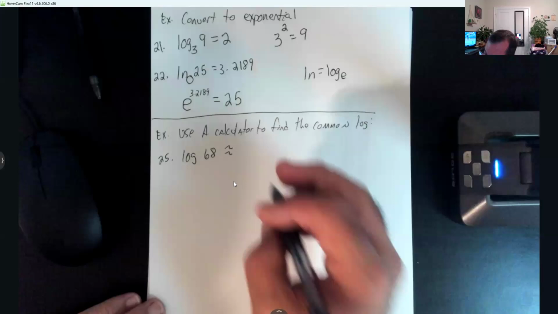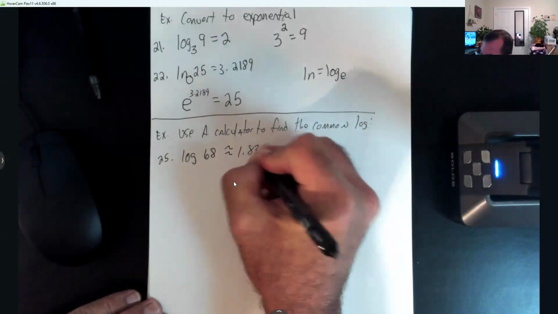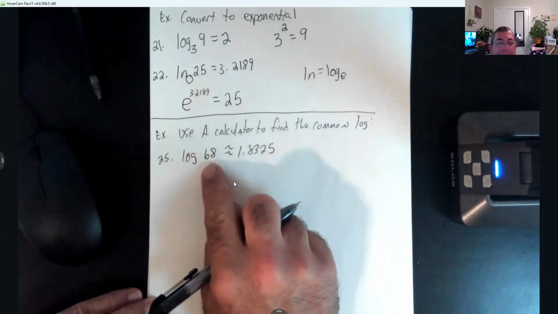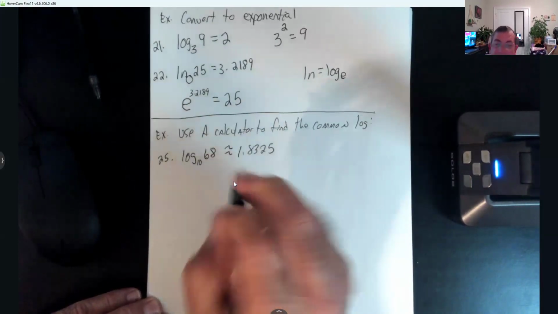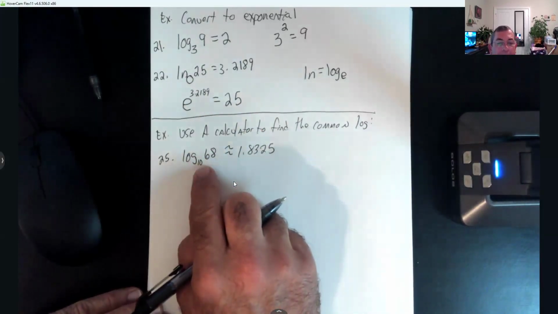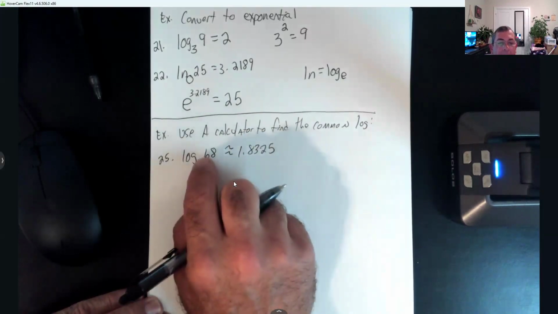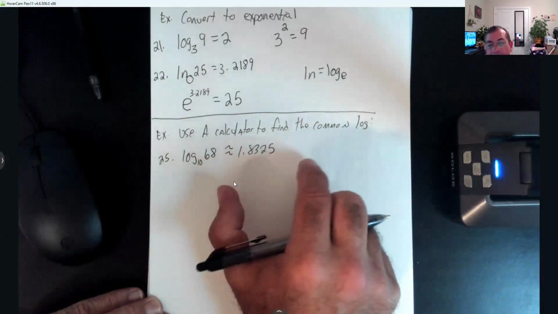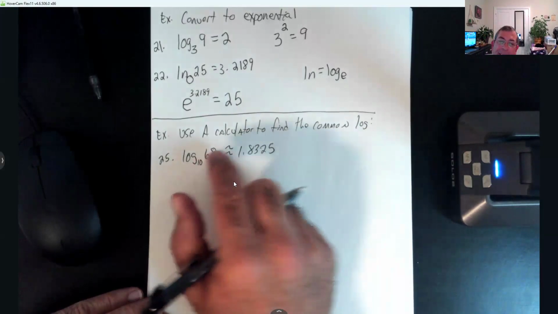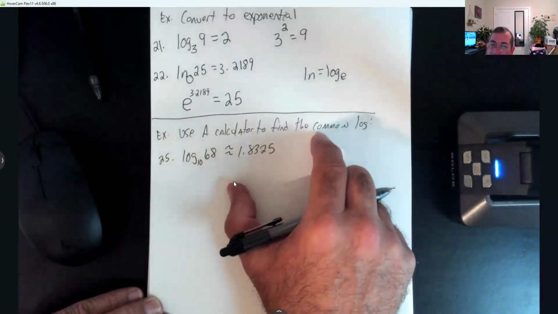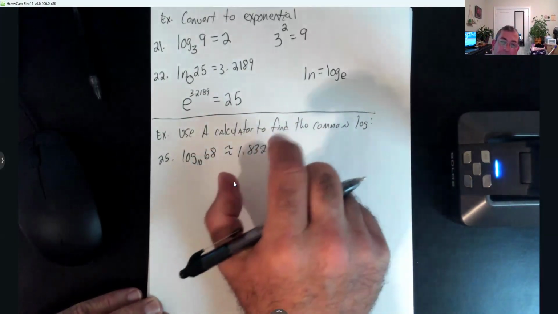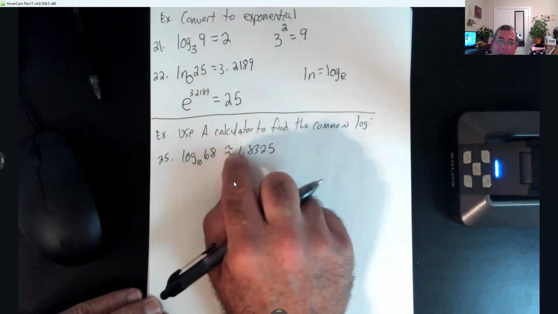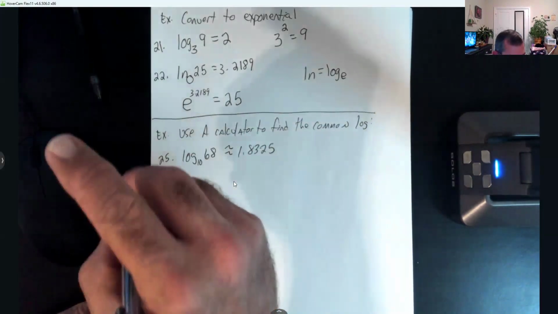Y'all, that makes sense because remember, this is like a log base 10, right? Well, 10 to the first power is 10. 10 squared is 100. Well, since 68 is in between 10 and 100, the exponent has to be between a 1 and a 2. Okay? All right, so y'all did good on that.